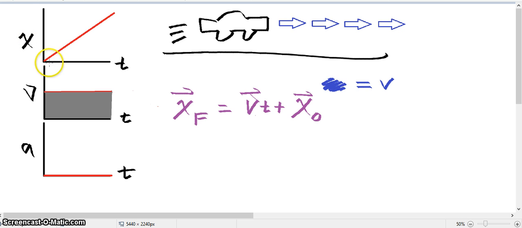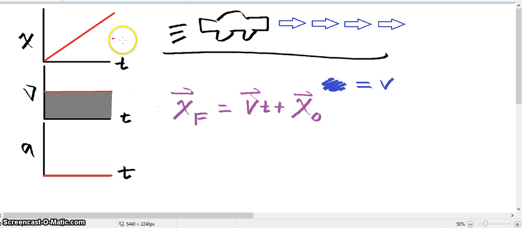The position-time graph shows that it's constantly increasing its position as it travels on. The increments between the positions are perfectly equal to each other, so it's increasing at a constant rate.